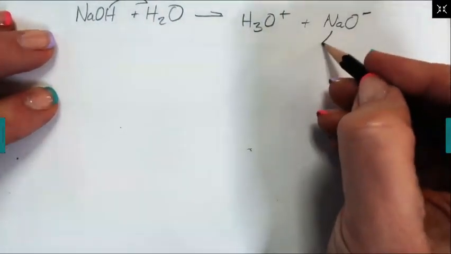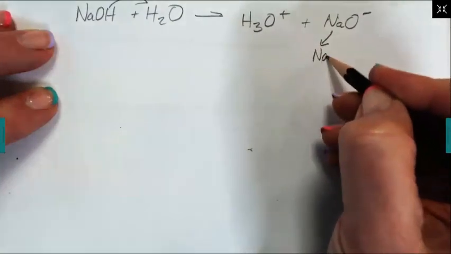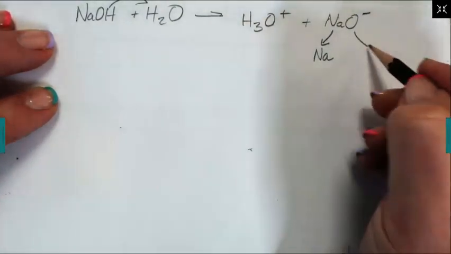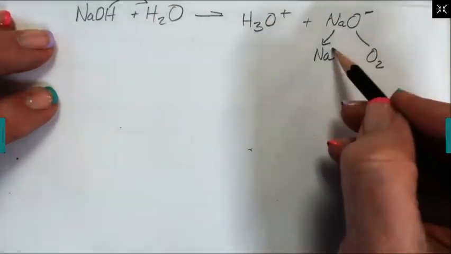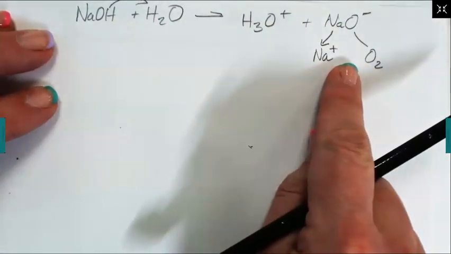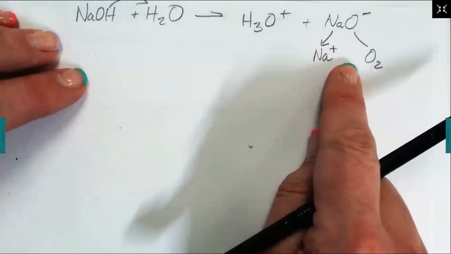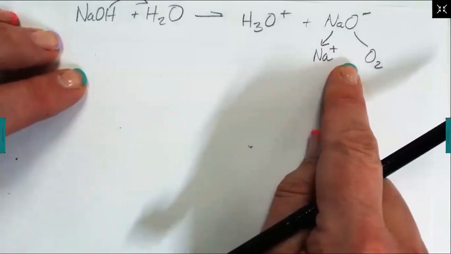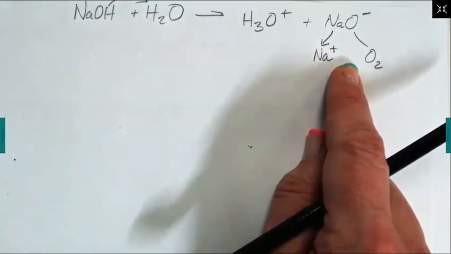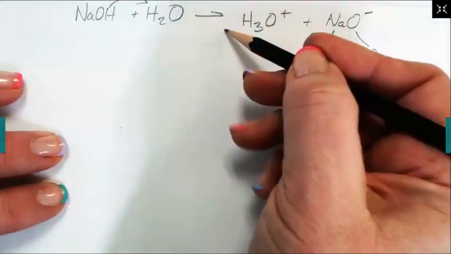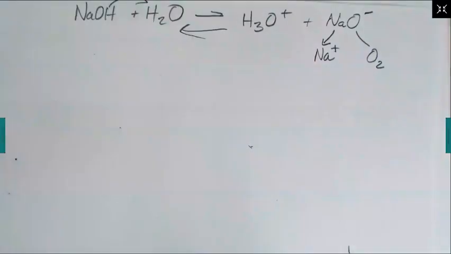Well, that would then split again, so then we'd have Na, and O doesn't hang out by itself. So why doesn't that happen? It does, maybe 1 in a quadrillion molecules. And it's at equilibrium, so it goes right back.